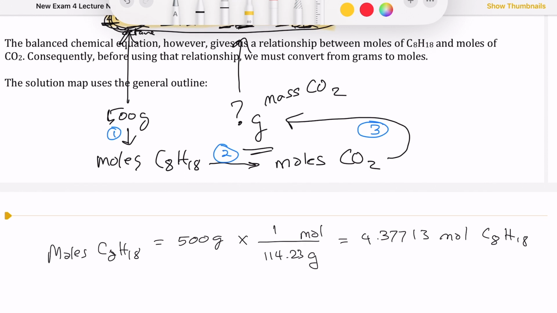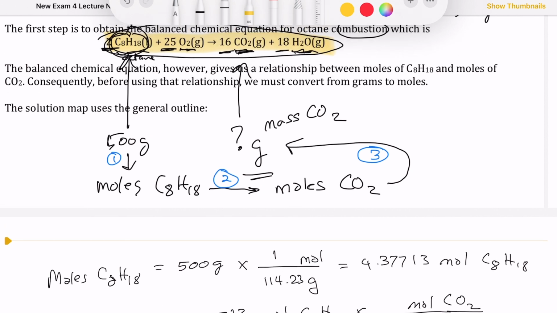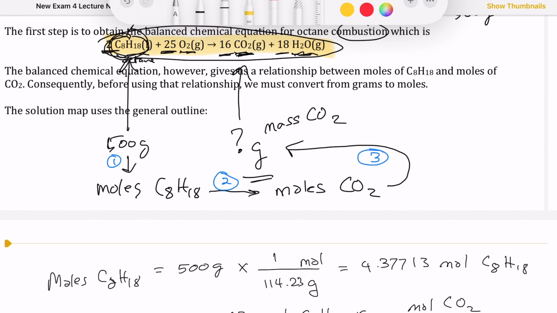Step 2 is to convert the number of moles of C8H18 to the number of moles of CO2. Let me show you how that works. For the moles of CO2, we take the number of moles that we just found for C8H18, and then we do a little conversion from C8H18 to CO2. What numbers go along here in my conversion factor?